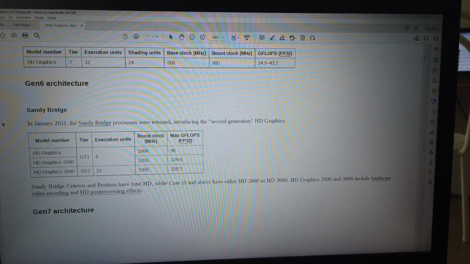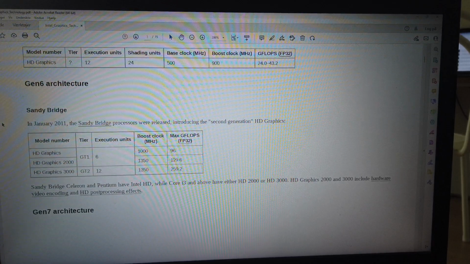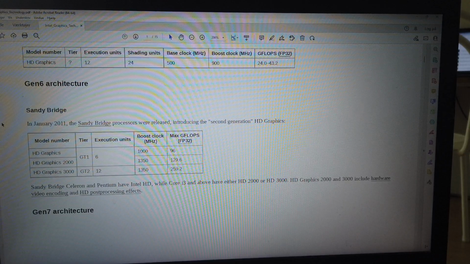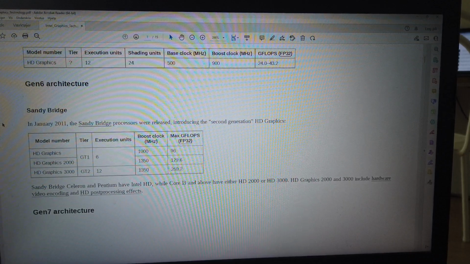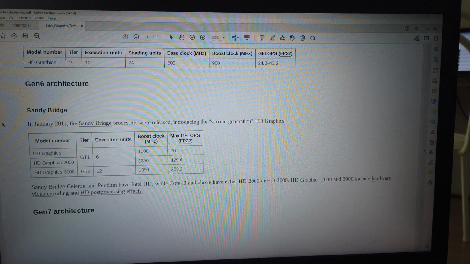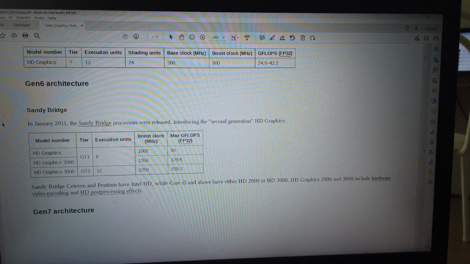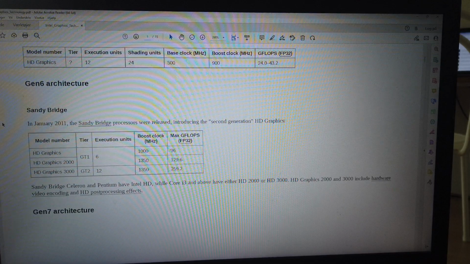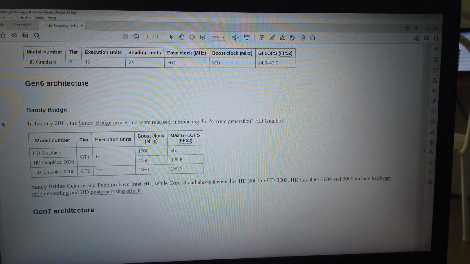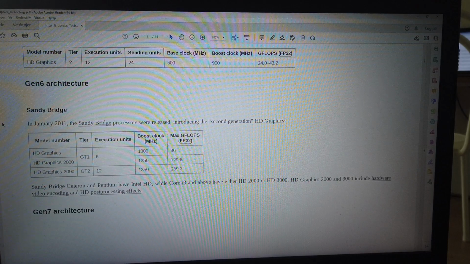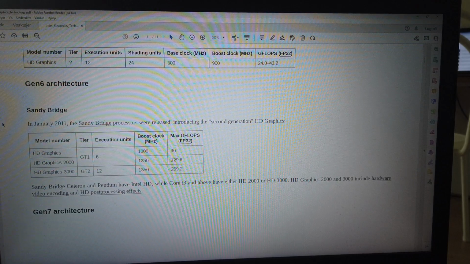HD Graphics 3000, GT2, 12 EUs, 1350 MHz, 259.2. Sandy Bridge Celeron and Pentium have Intel HD, while Core i3 and above have either HD 2000 or HD 3000. HD Graphics 2000 and 3000 include hardware video encoding and HD post-processing effects.